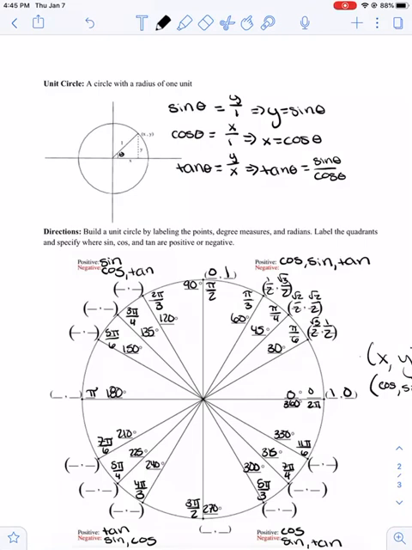Okay. 120 is the same as 60. So, because if we went this way, we go up 60 degrees. So that's its reference angle. So we have the same as 60.